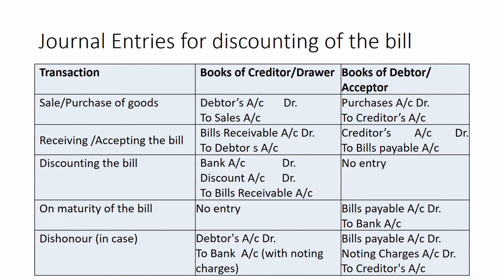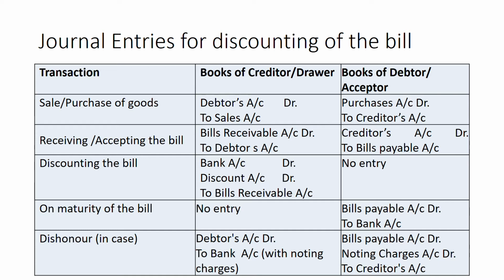However, if the drawee does not pay the amount, then the banker will charge the drawer's account along with the noting charges. Then the entry will be debtor's account debtor to bank account. Here debtor is none other than the acceptor of the bill.